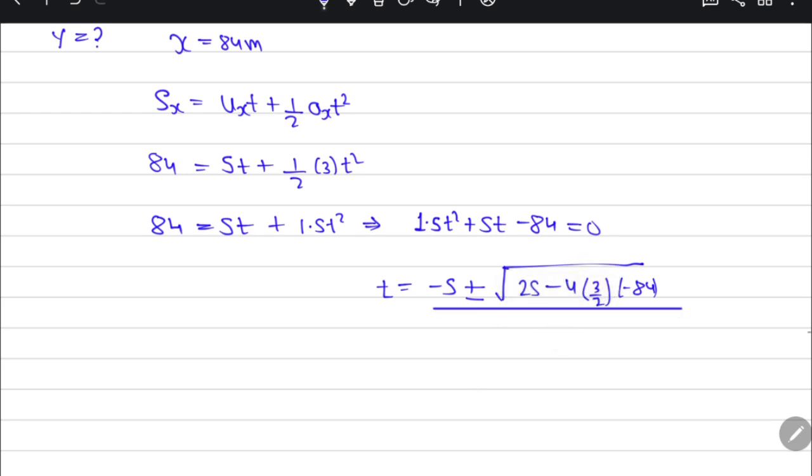Minus b plus minus under root b square minus 4ac upon 2a, where a is 3 by 2. So here t comes out to be minus 5 plus minus, then minus minus plus, this becomes 2. So 2 times 3 is 6, 6 into 84, so this comes out to be 25 plus 504, and the denominator comes out to be 3.